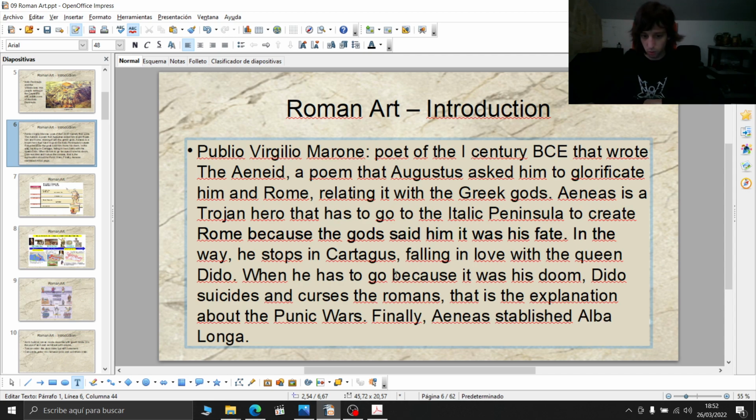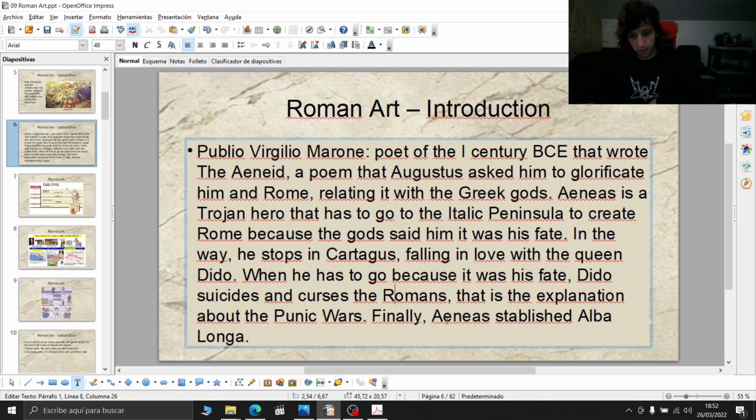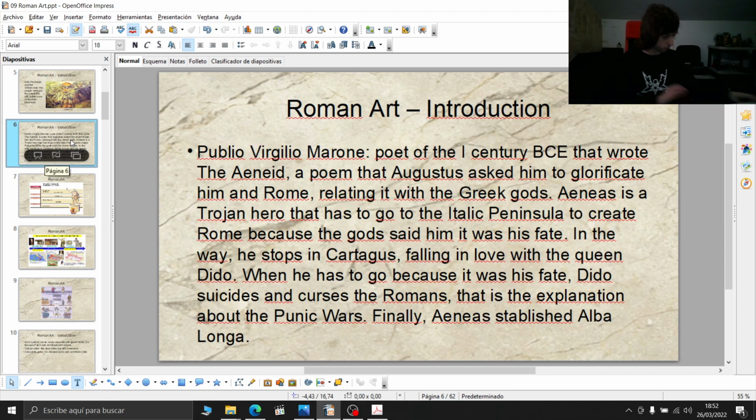When he has to go because it was his fate, Dido commits suicide and curses the Romans. That is the explanation of the Punic Wars. Finally, Aeneas established Alba Longa. It's a very quick summary. I don't have much to add because it's basically this.